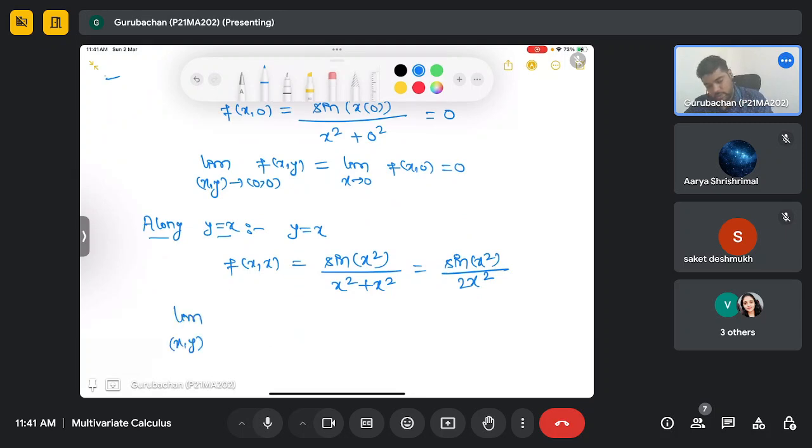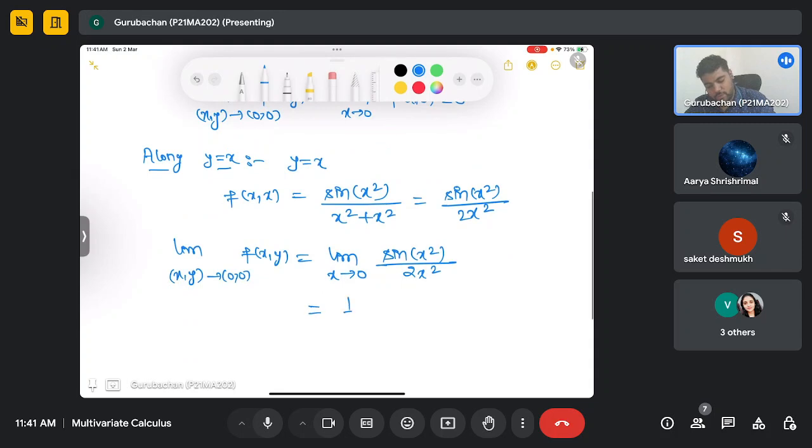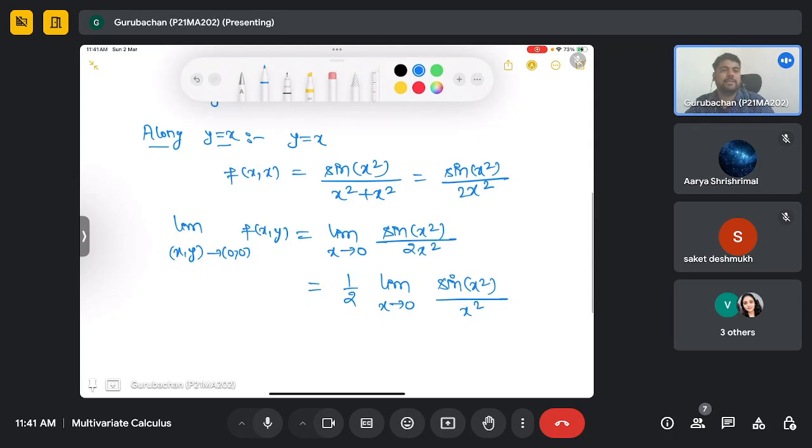Therefore, this limit is reduced to the limit as x tends to 0 of sine x squared divided by 2x squared, which is 1 by 2 times the limit of sine x squared over x squared, and we know that sine t by t as t tends to 0 tends to 1. That means this limit will be 1 by 2.